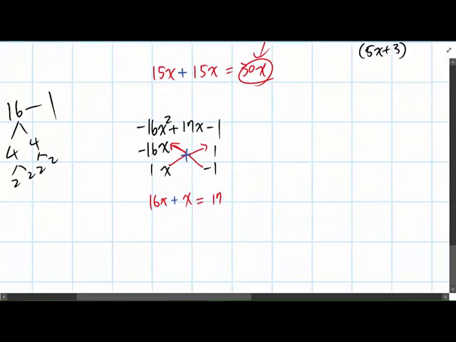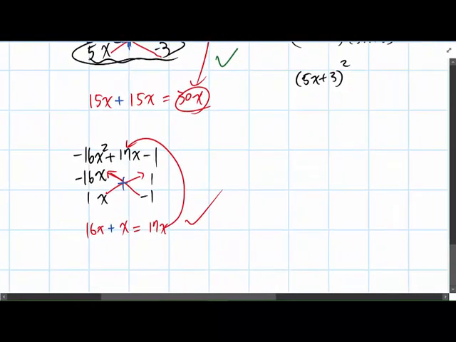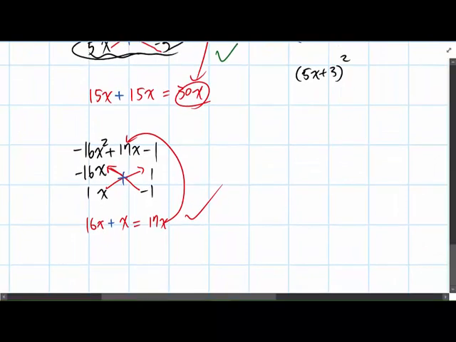So it would be 17x. So that would equal. So that's correct. So now we would have to group it. As you get faster, it's really fast to understand this.